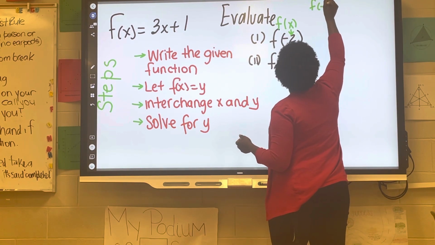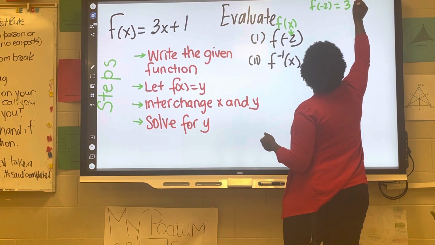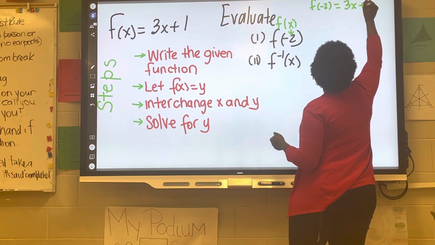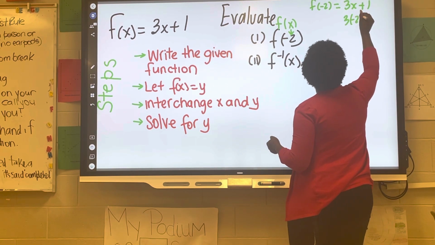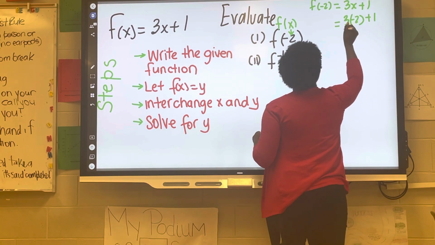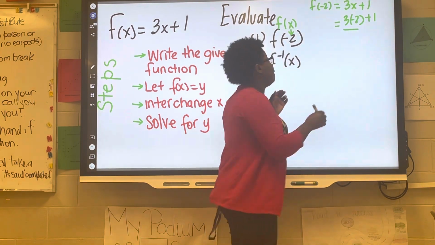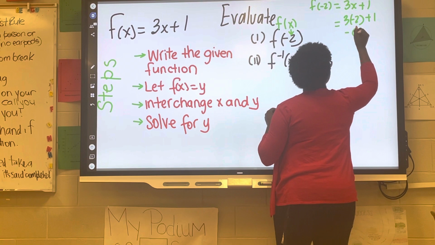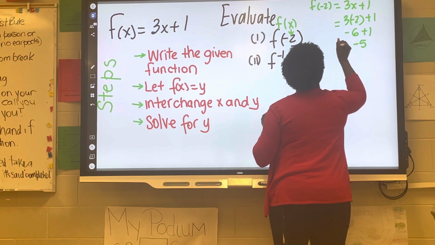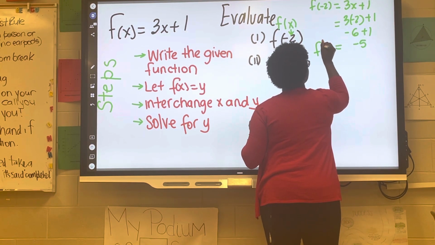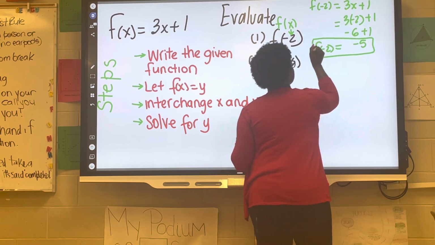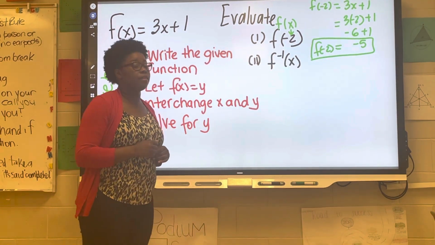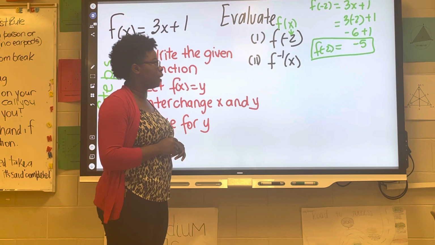So f of negative 2 is equal to 3x plus 1. So it's 3 of negative 2 plus 1. Negative 2 times 3 gives us a negative 6. So negative 6 plus 1 is a negative 5. So f of negative 2 is equal to negative 5. And there you go for the evaluation part.